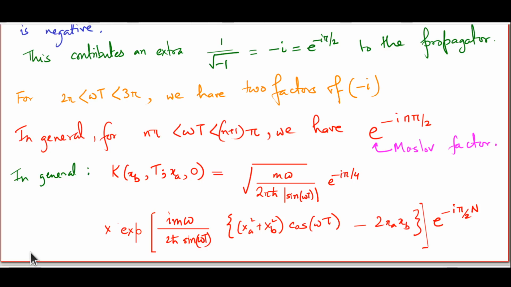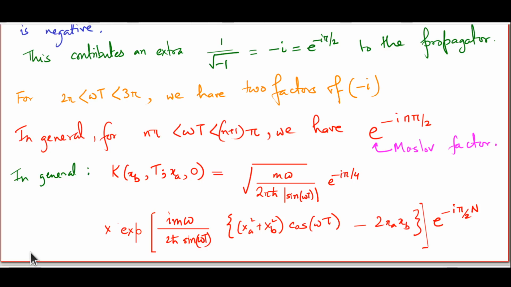I'm pretty sure the more mathematically minded among the viewers would have spotted that the argument that I've given you for the Maslov factor is really not very rigorous. After all, you are definitely going to get 1 by square root of minus 1 factors for each of the crossings of these multiples of pi for omega t. But which square root of minus 1 are you going to get?